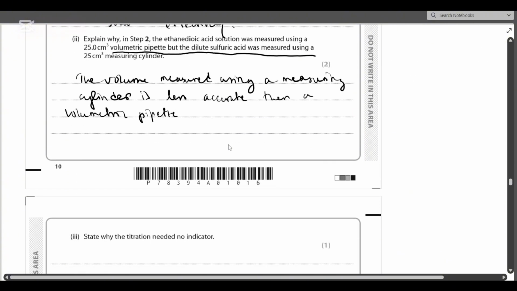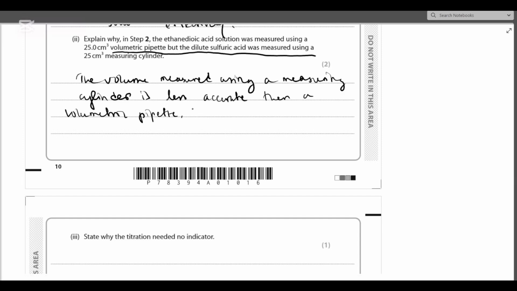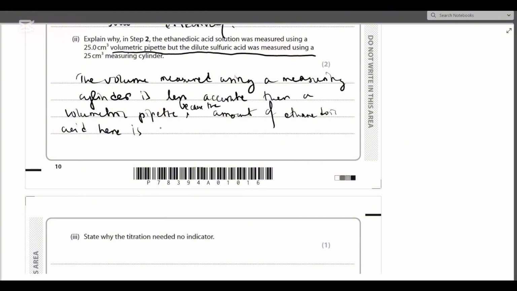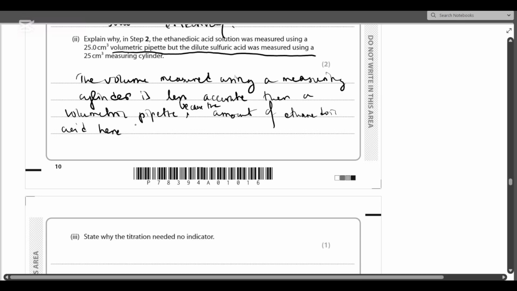So we can easily write that the amount of ethanedioic acid here acts as a limiting factor.